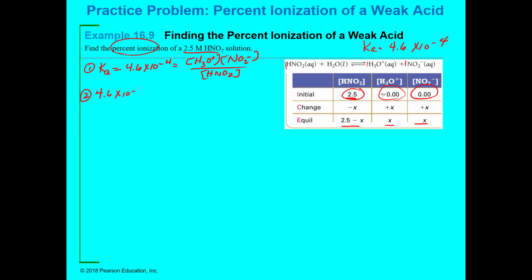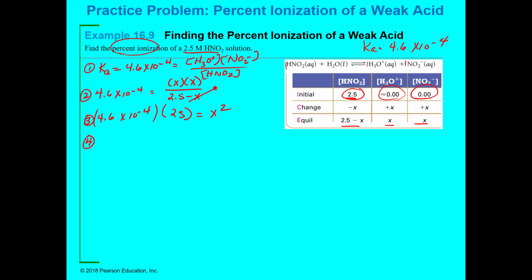So 4.6 times 10 to the minus 4 is equal to x times x, or x squared, divided by 2.5 minus x, and we said that we think we can use the approximation because 0.0004 is so much smaller than 2.5. So 4.6 times 10 to the minus 4 times 2.5 equals x squared.